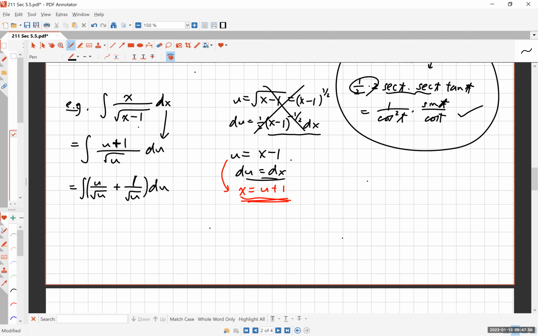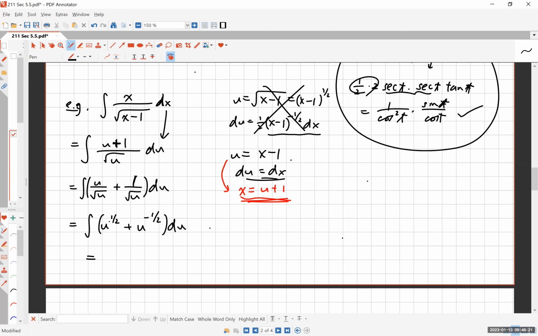But as long as the denominator consists of exactly one term, then you can separate a complicated looking fraction. So what is that? Well, it's u to the first divided by u to the 1/2. That's u to the 1/2, the square root of u, what you're looking at here. And then the other one is u to the negative 1/2, right? Okay. Well, I think you can handle this.